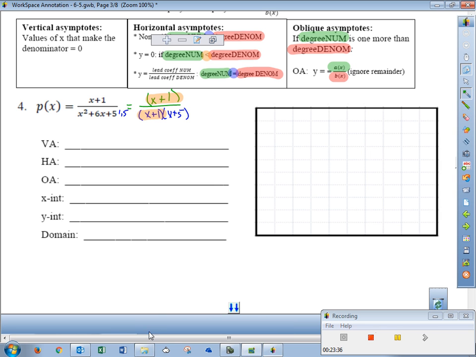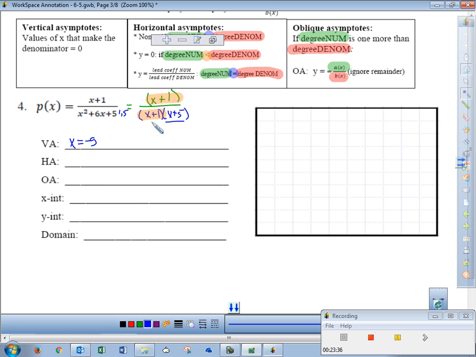So let's talk vertical asymptotes first. This guy has nothing to do with the hole. What value of x makes this 0 right here? If x equaled -5, I'd have a vertical asymptote there. But let's just talk about what would happen if x equaled -1.